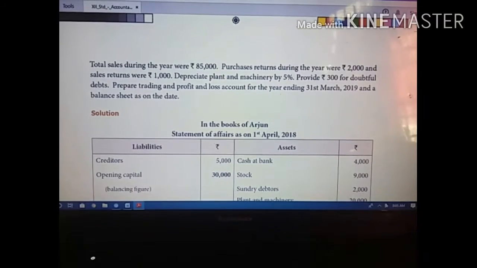These two amounts are missing in the single entry system. So these two missing figures we are going to find out by preparing the statement of affairs and the total creditors account. So let me see how to prepare the statement of affairs and the total creditors account.